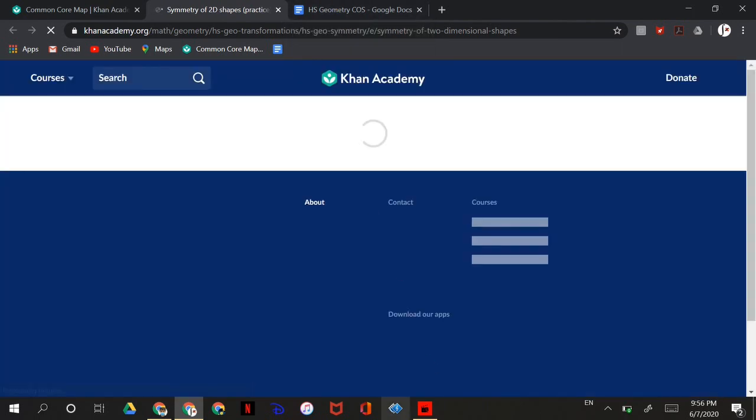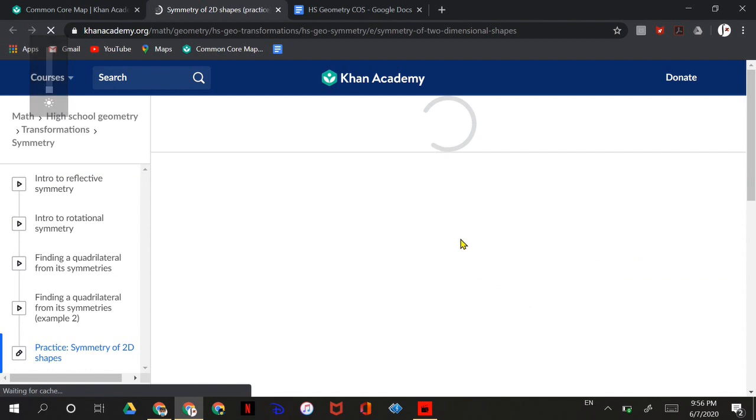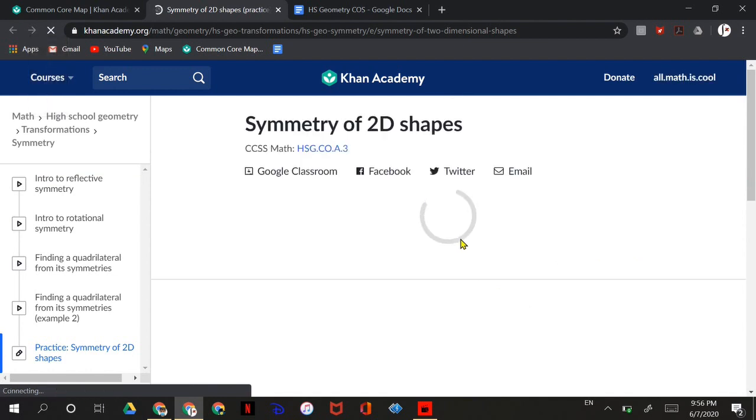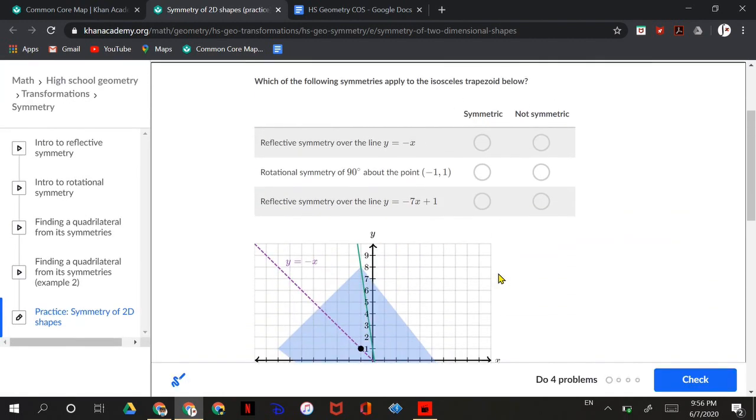Let's go. Come on, let's go. Let's go. Let's go. Oh, let's go. Oh, let's go. Oh. Okay, which of the following symmetries apply to these isosceles trapezoids below?